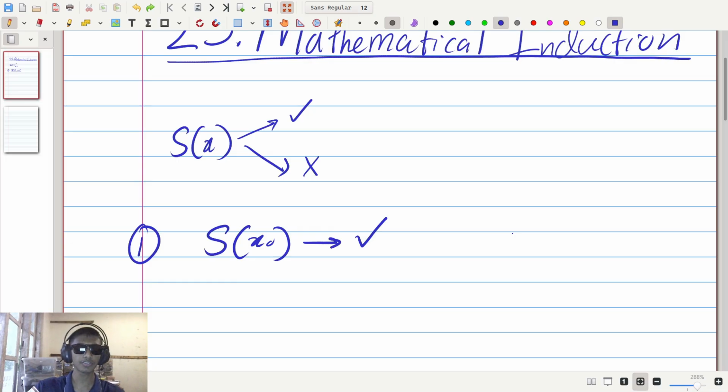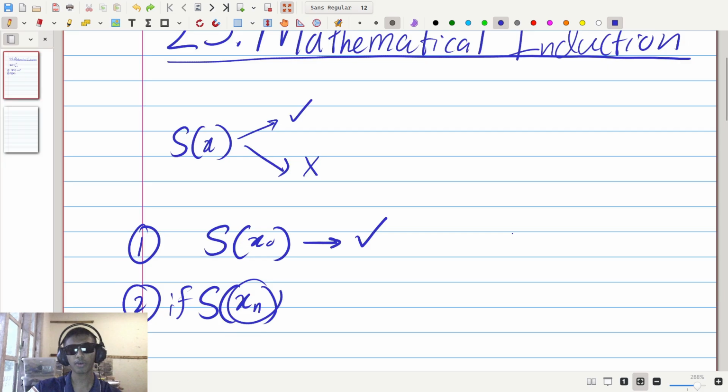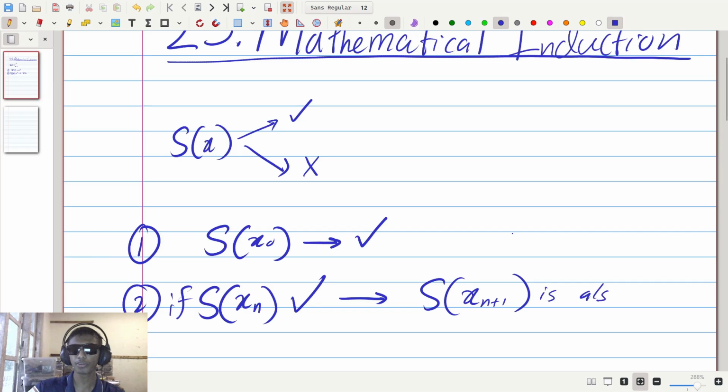Now given this, the second principle is what I like to call the mathematical induction step or induction method. In this, what we need is basically a rule that says, given some x, let's say x sub n, if S of x sub n is true, we can somehow mathematically prove that S of x sub n plus 1 is also true.